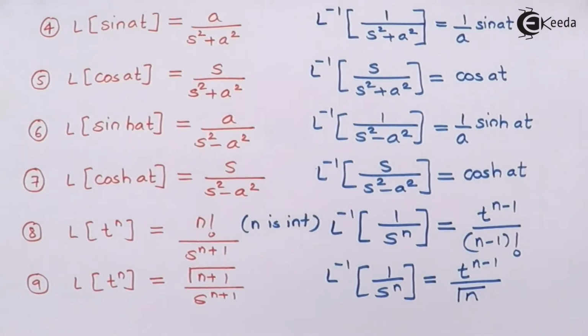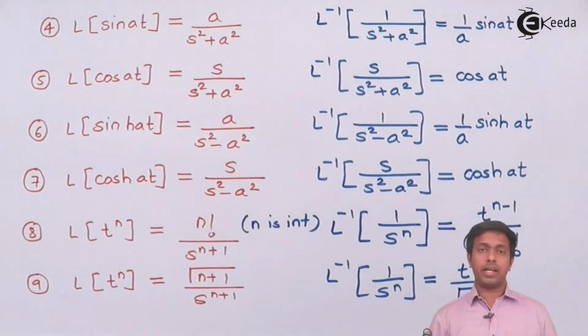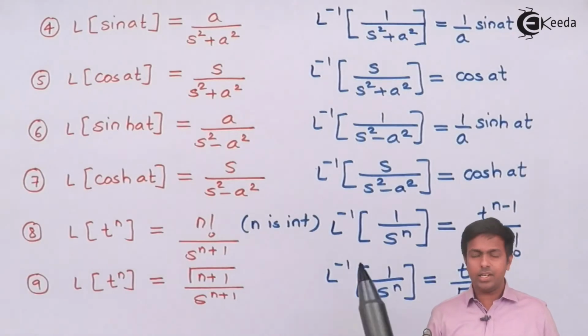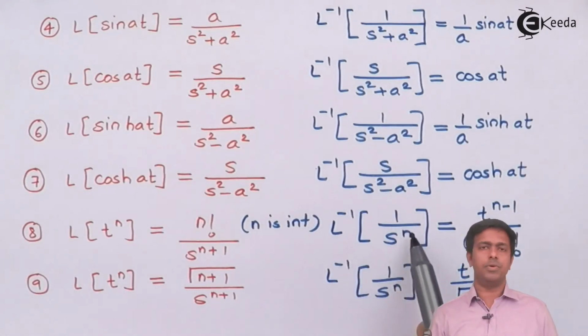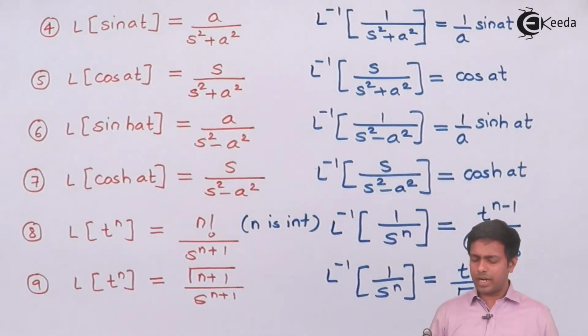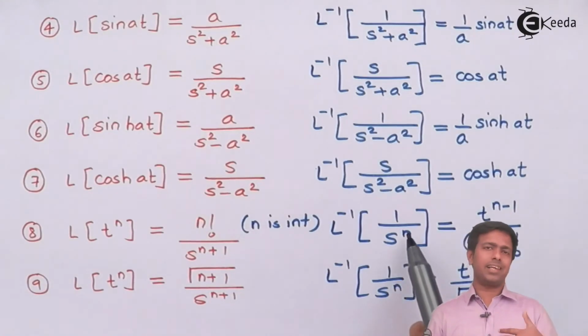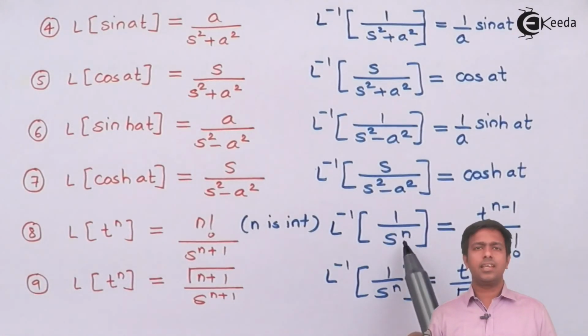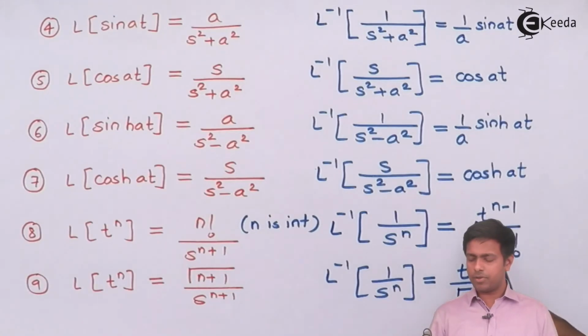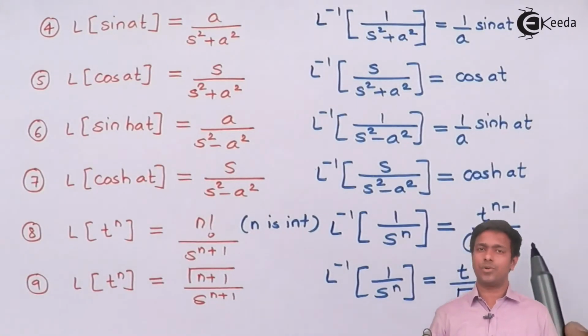Now guys, why have I made these changes in formula number 8 and 9? Because in the exam you get a question like L inverse of 1 upon s cube. So it becomes easier to write down the formula because you can directly say the value of n is 3. Therefore the answer is t to the power 3 minus 1 upon 3 minus 1 factorial.